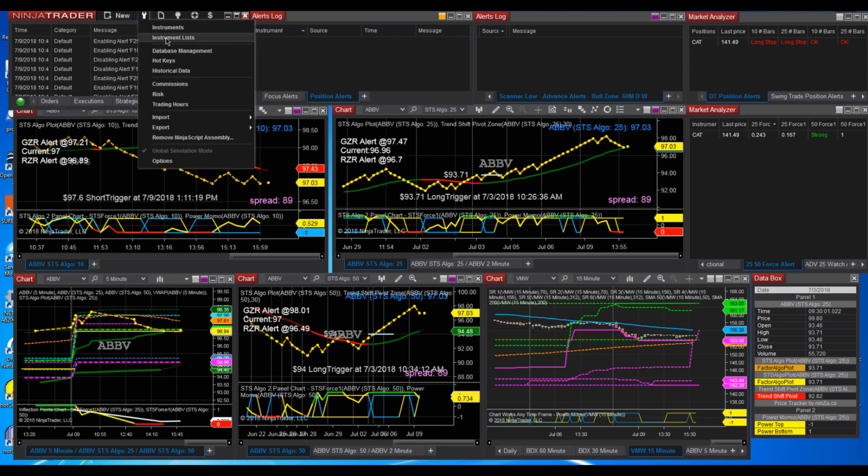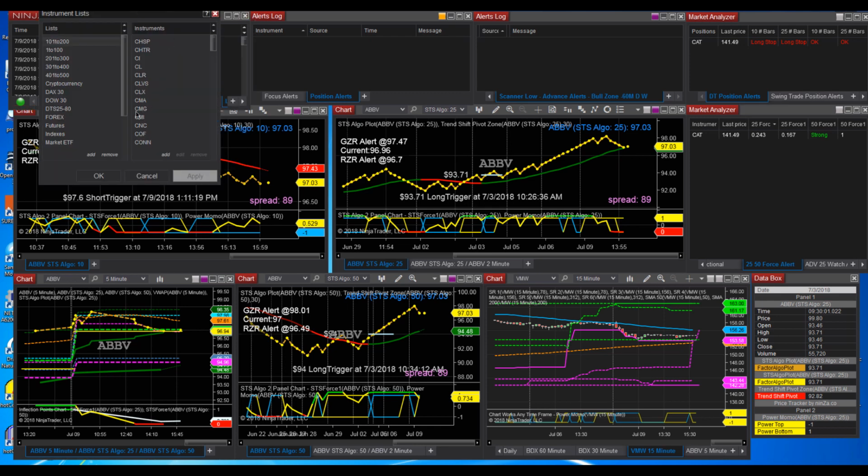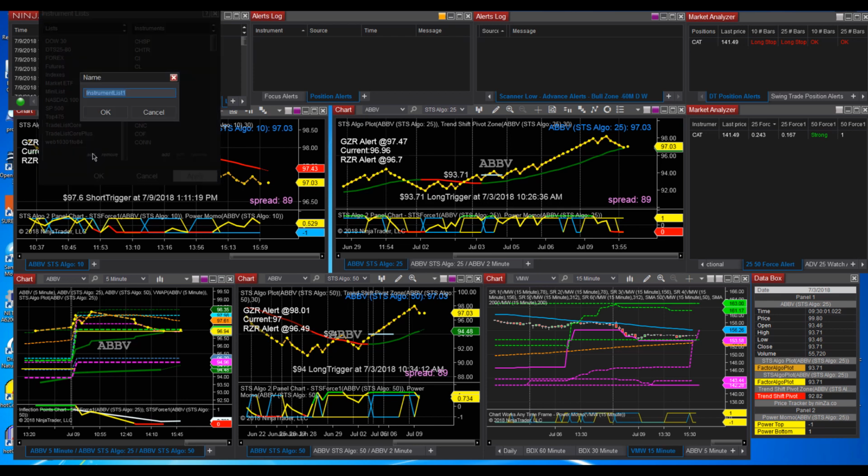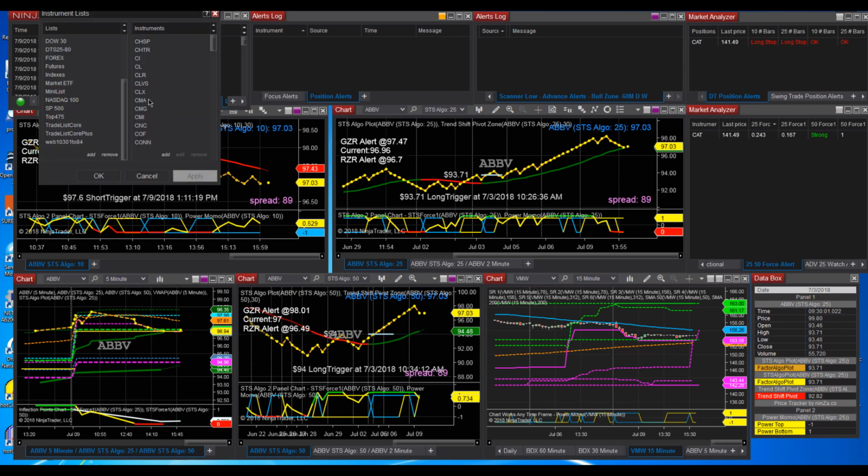I thought you could click add. Yeah, add, and you can create a list, call it focus, and then put the symbols in there, and you can go in and take some out. You just click on them and remove them, and you can click in there and type, add another one, and keep your running list that you're watching all the time, your favorite list, so to speak.